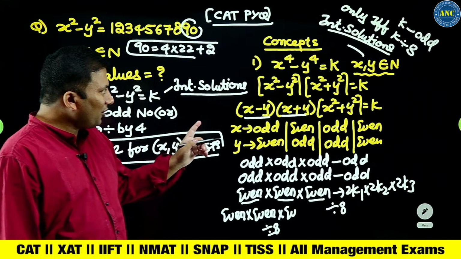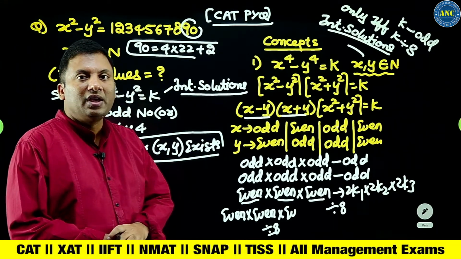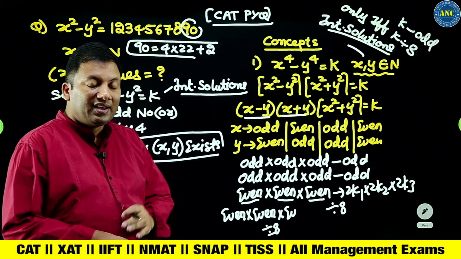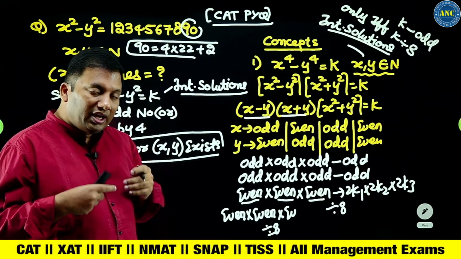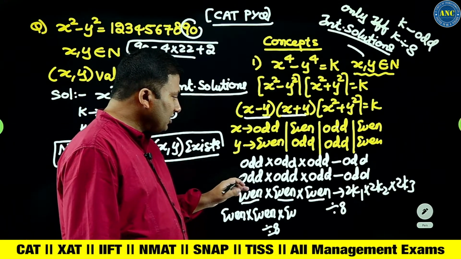I hope the conclusion is clear. If the equation is of the form x power 4 minus y power 4 equivalent to k, this equation has integral solutions only if the right hand side is an odd number or it is divisible by 8.